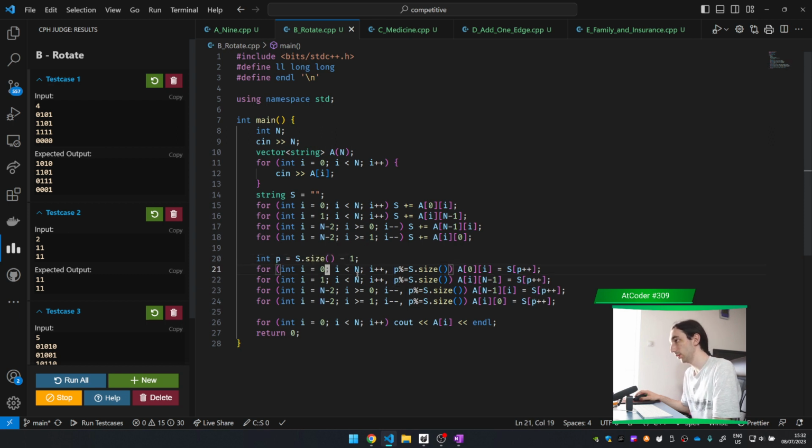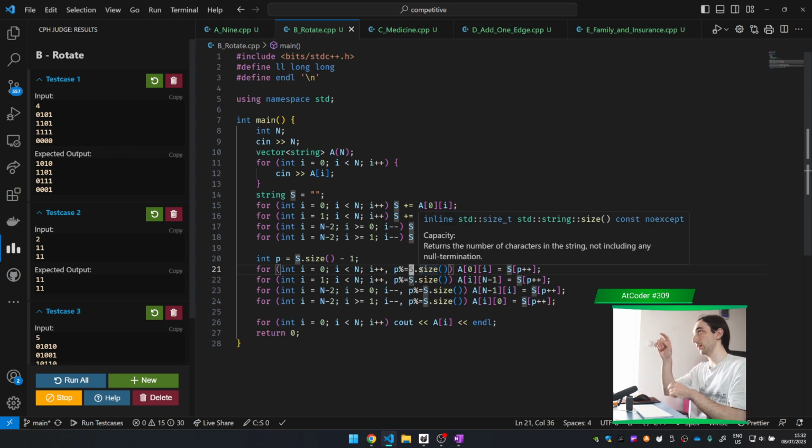Then I go through the same route, but what I do here is I just fill up the same way. And SP++ means that first take P and then add plus when you're done with this operation. But at the end, I just modulo it with s.size.